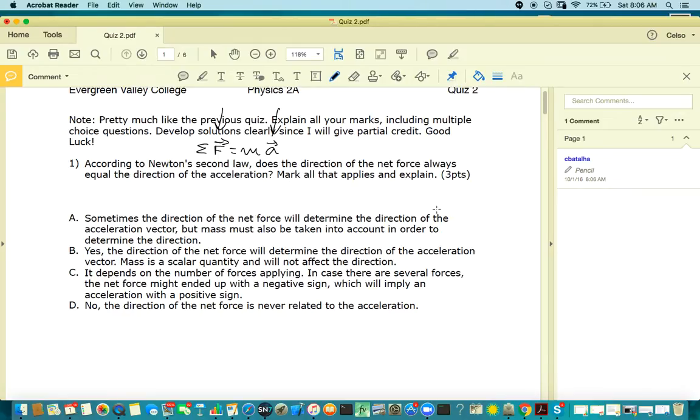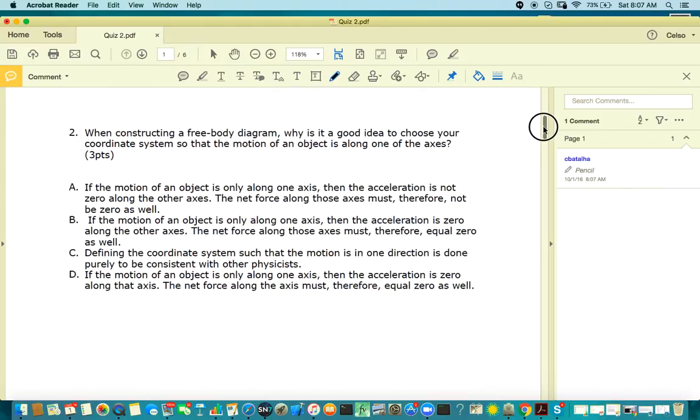So the direction of the net force will determine the direction of the acceleration. Mass is always a positive number, right? So the direction is always the same. Yes, the direction of the net force will determine the direction of the acceleration vector. It doesn't depend on the number of forces applying. So B seems to be the good one.